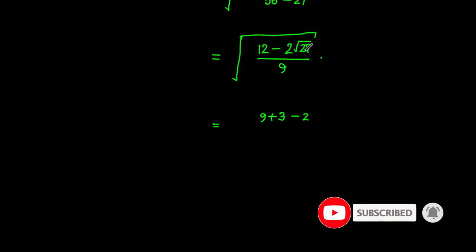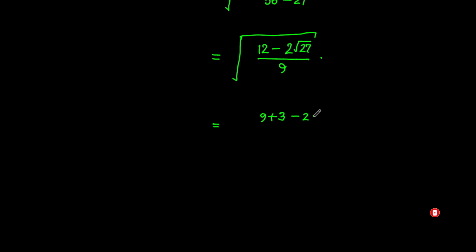Now again, we can rewrite this one as 9 times root 3, because 9 times 3 is 27, and we have split the square root sign to the two numbers. So here again, we can go ahead and split this 9 as 3 square, so that we have 3 everywhere.